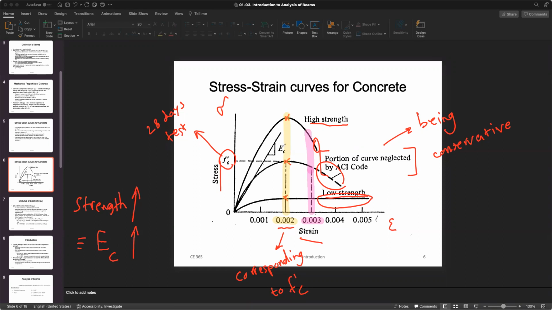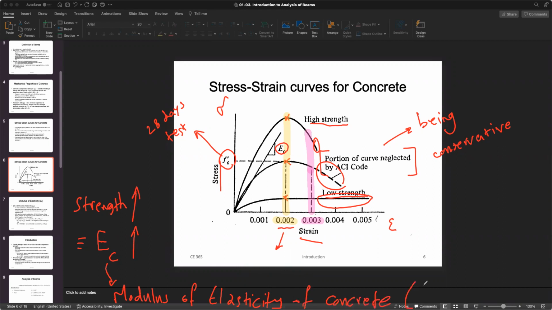Because the E, which is the slope of the linear region, remember this? What was the modulus of elasticity? If you remember, that was the slope of the linear region. It would be going up.